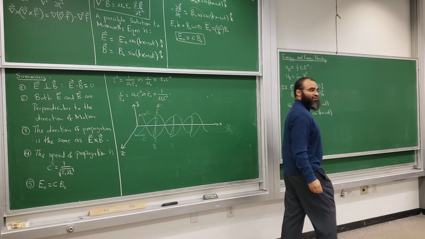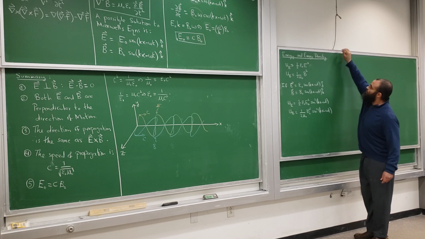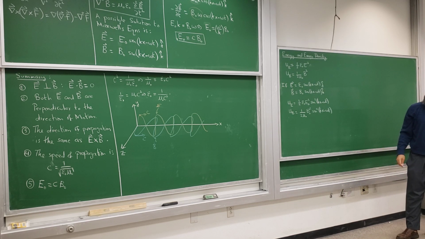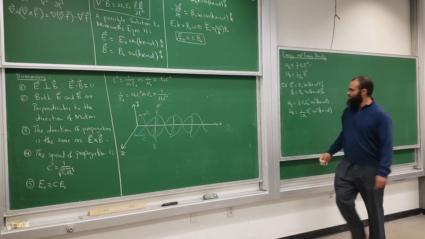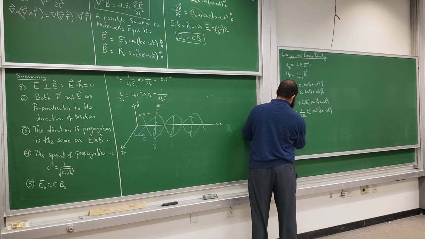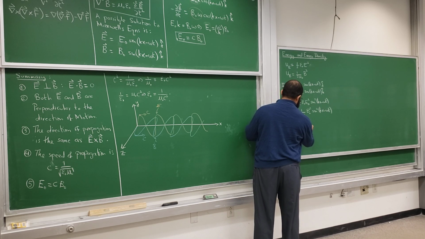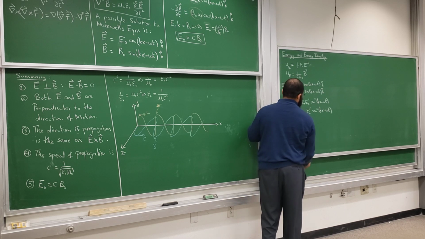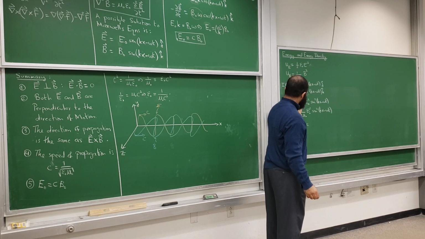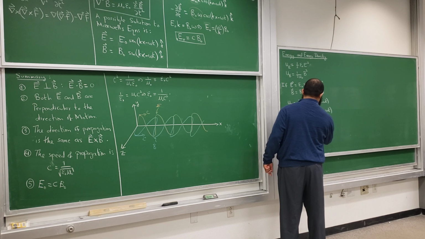Any questions so far? Well, the total energy density, which is U, is U_E plus U_B, will equal the sum of these, right? There is a half, so we can factor the 1/2. Let's see what's left.